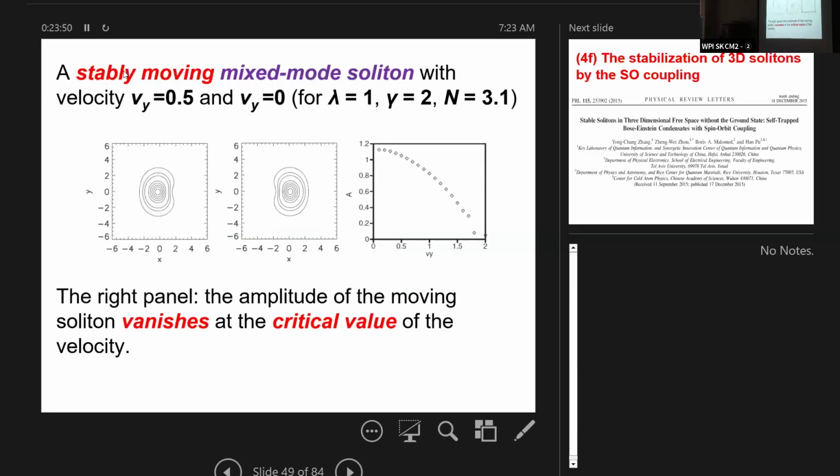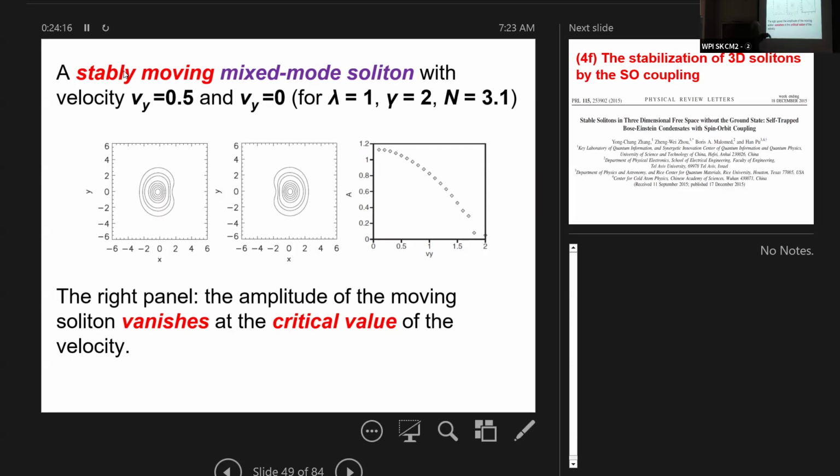Namely, the result is that as we fix all other parameters, for example, the total norm, and we increase v sub y, the velocity in the y direction, the amplitude of this mixed mode soliton changes. This is a top view of the moving components of this mixed mode.